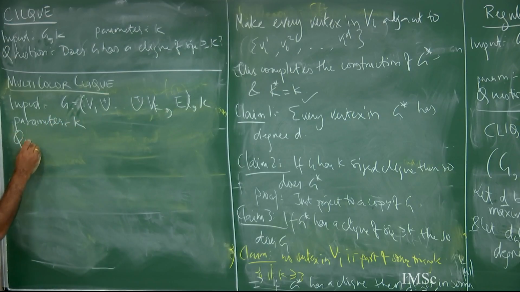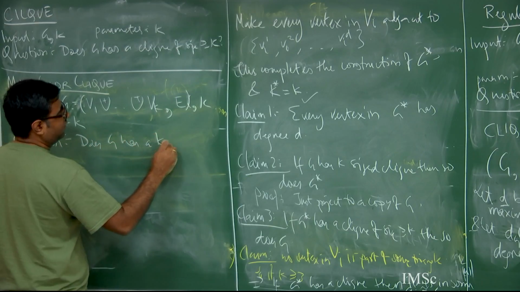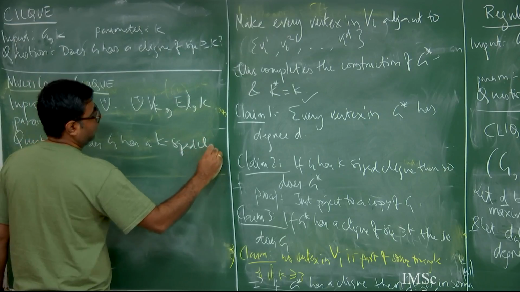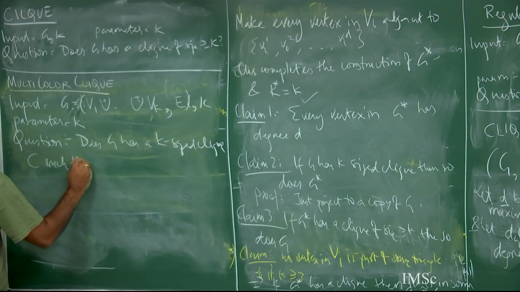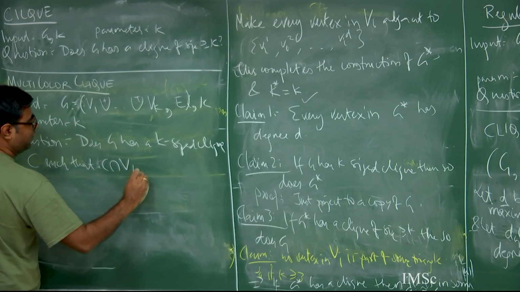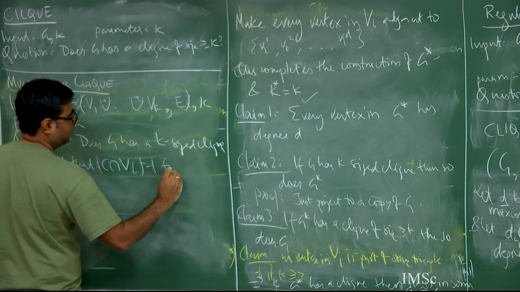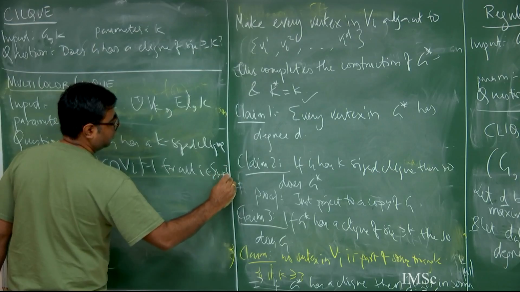The question is, does G have a K-size clique C such that the intersection of C with Vi has size 1 for all i from 1 to K?